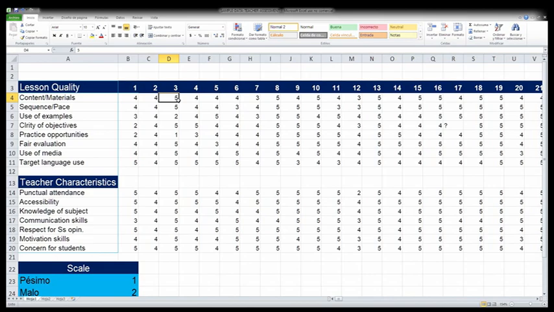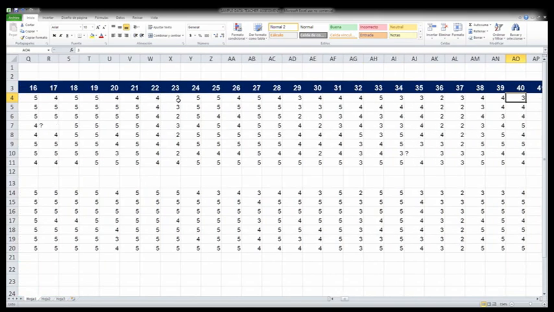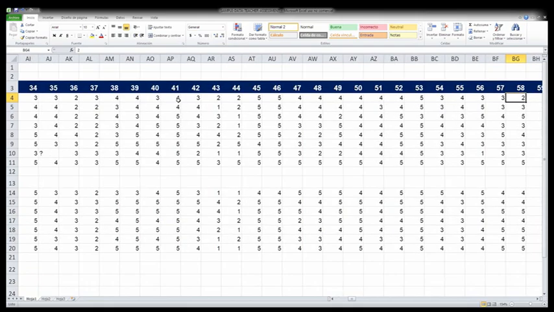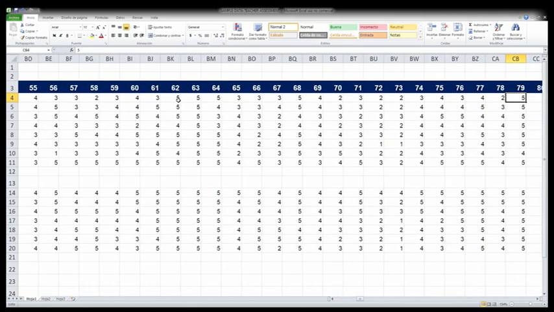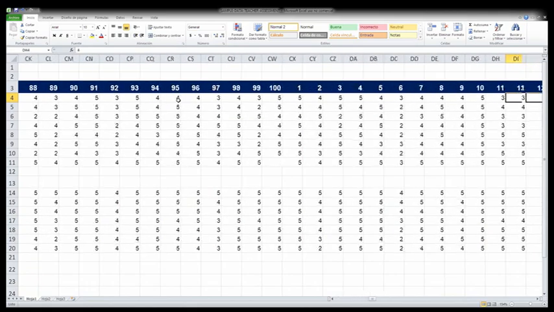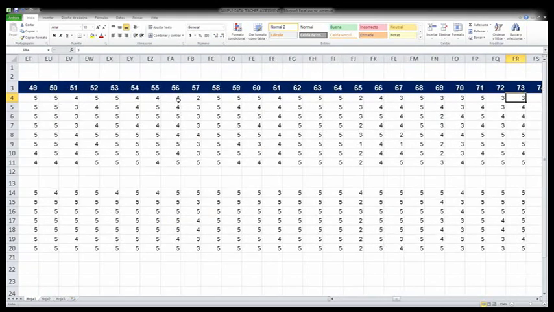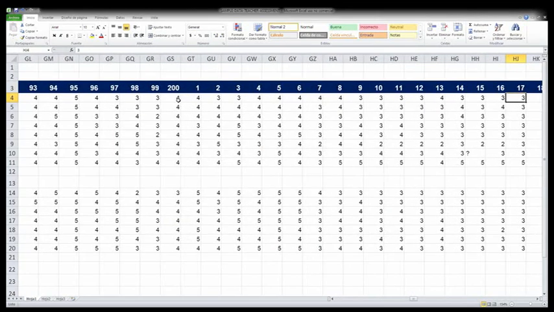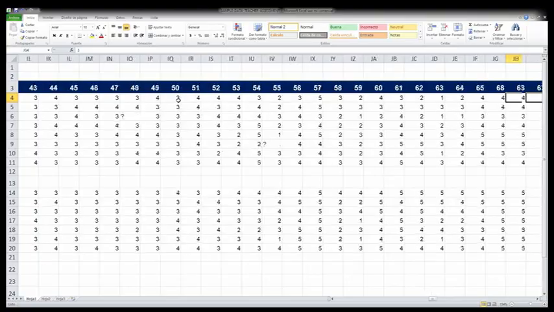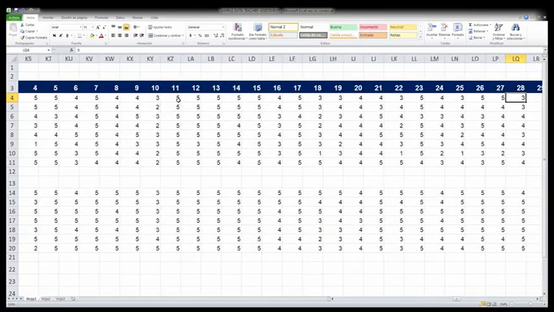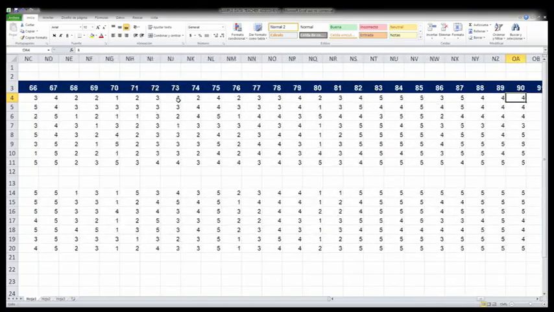Okay? And the way that we have this information, it is impossible to read, impossible to interpret, because there are too many numbers and we don't know exactly how we can interpret those numbers. So in order to be able to understand what the numbers mean, we need to calculate the descriptive statistics.